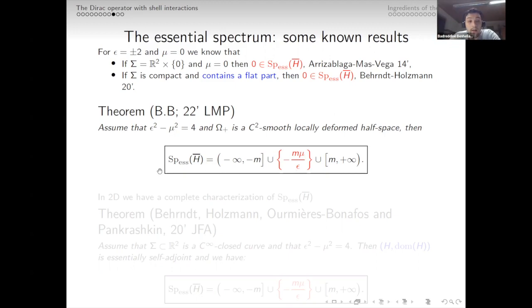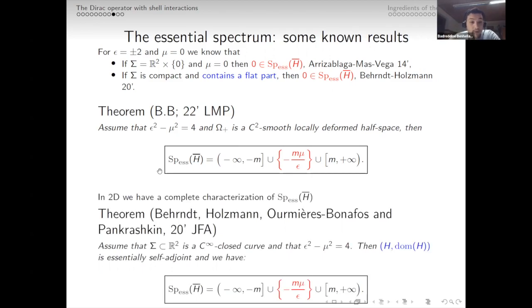I was motivated by a result proved before by Behrndt, Holzmann, Ourmières-Bonafos, and Pankrashkin, where in the 2D case they obtained a complete characterization when they take sigma to be a C-infinity closed smooth curve. In fact, they get exactly the same essential spectrum.